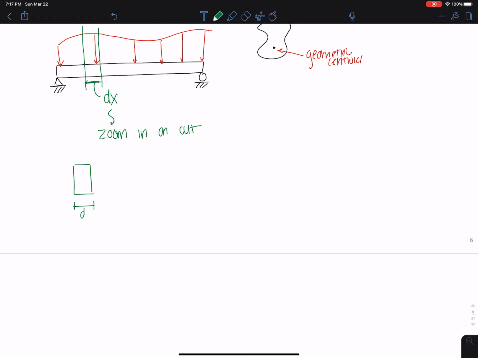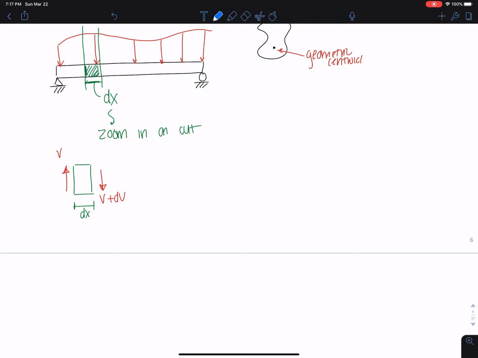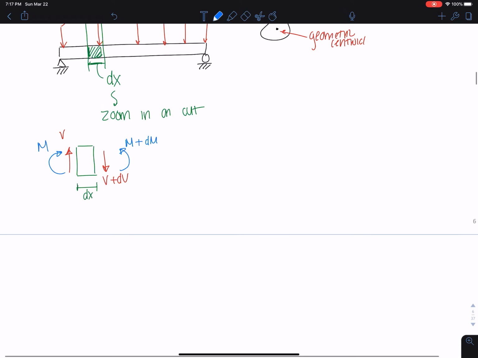So this is not the cross-section. This is just this tiny element here that I'm getting. Okay, and what I see when I make this cut is I've exposed some shear. On this side I've exposed some V, but on the other side of the cut I would have V plus some change in V. And I'd also have a moment on this side, and on the other side some moment plus some change in moment, because I have some distance that I've applied this to.